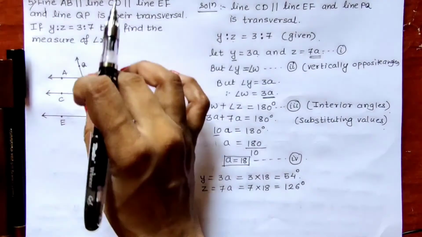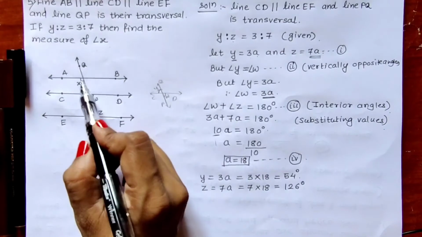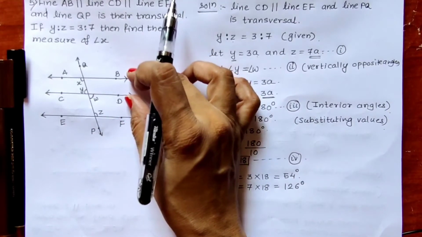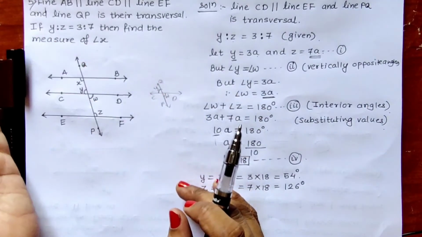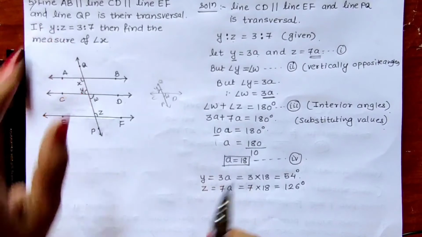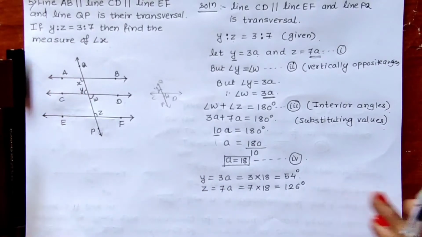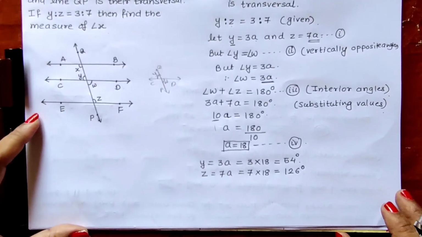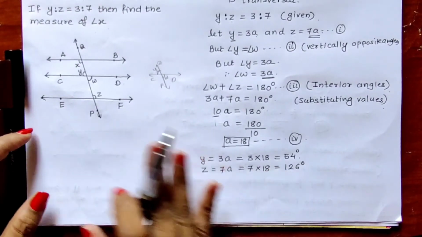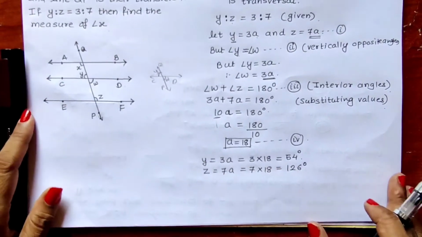Now let us observe this X and Y. X and Y are in the two parallel lines. They are interior angles and they are on the same side of the transversal. Interior angles are supplementary. We will be using this property. As I don't have space on this side, I will be writing on this side.